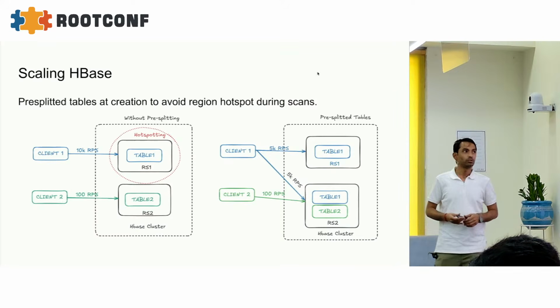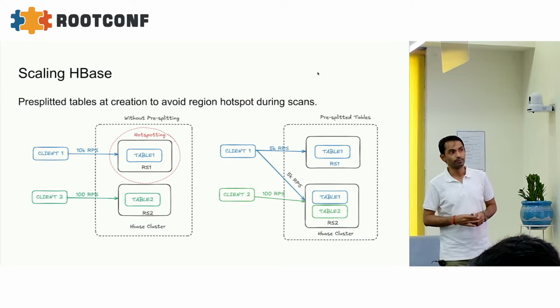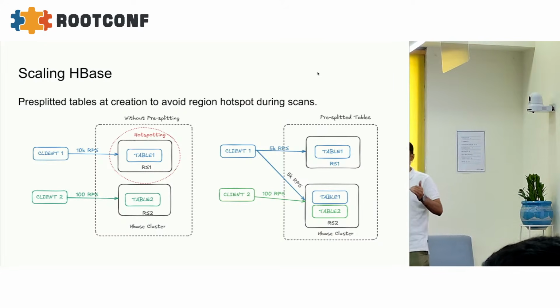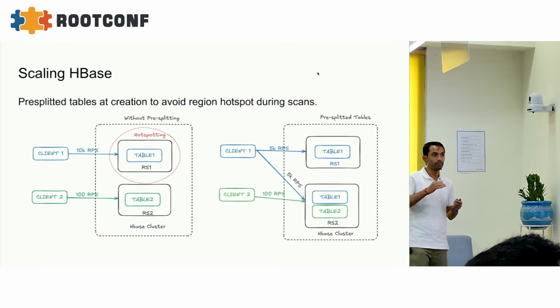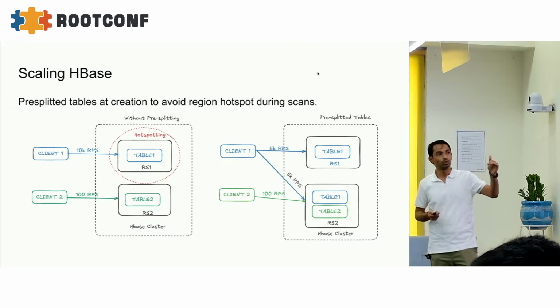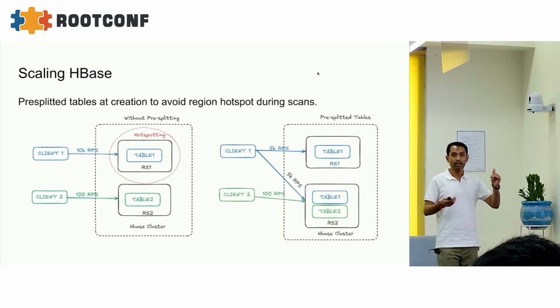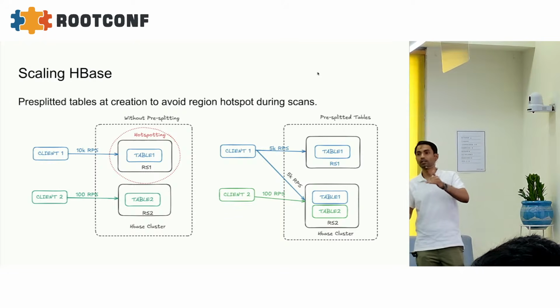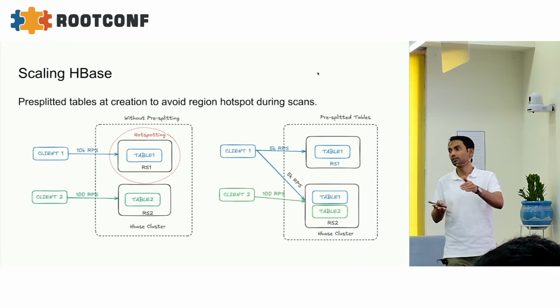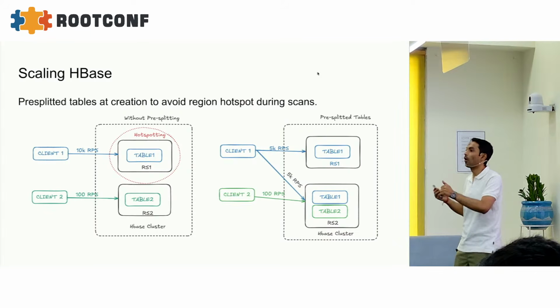Now, let's look into how we scaled HBase. A quick, one minute high-level overview of HBase: HBase stores the data in something known as region servers. If you create a table, HBase tries to assign that table to a region server, and if that data is present in only one region server, that region server becomes the hotspot.